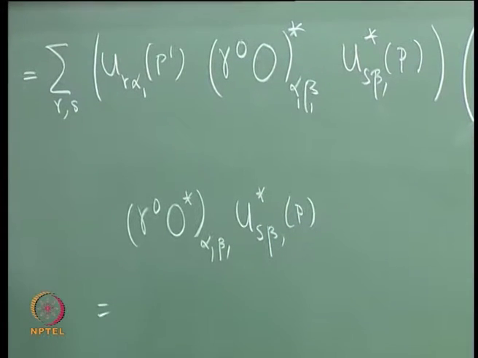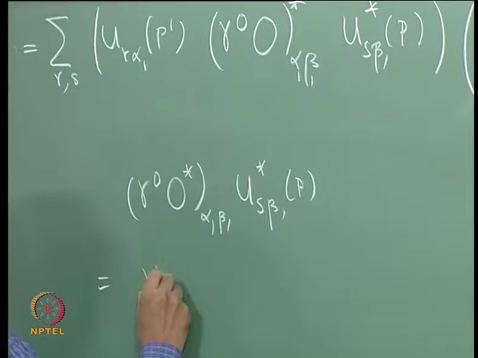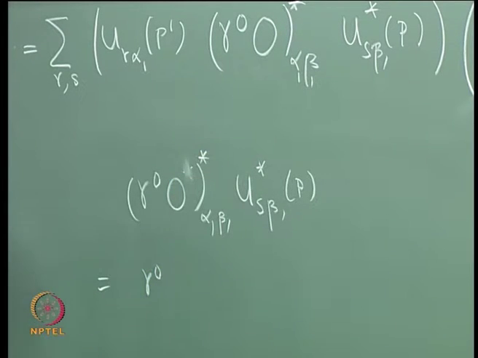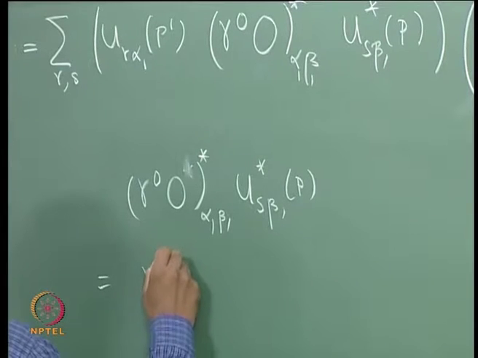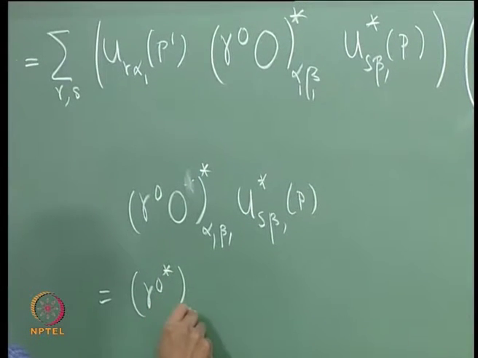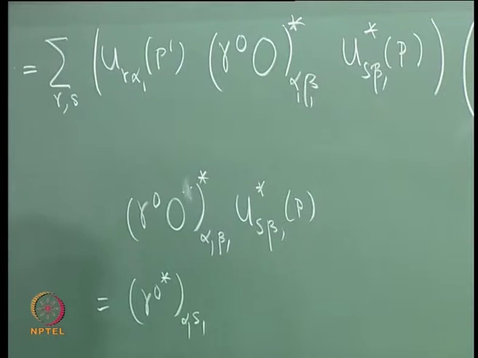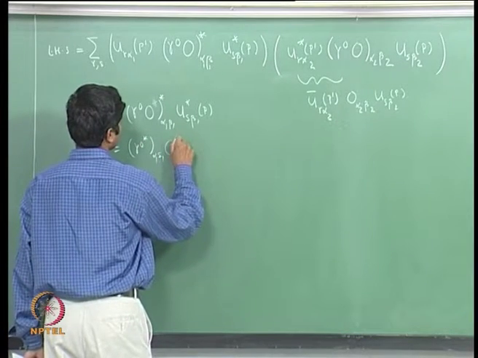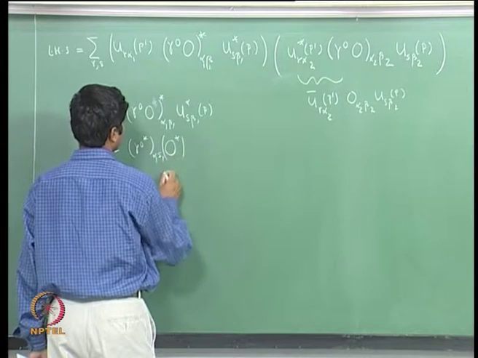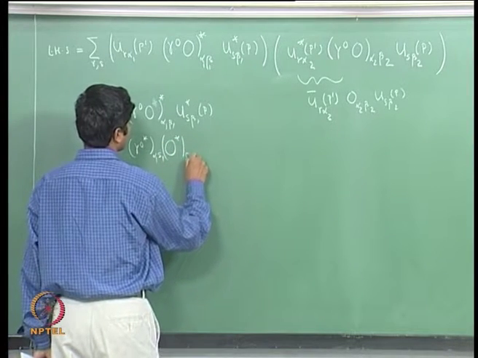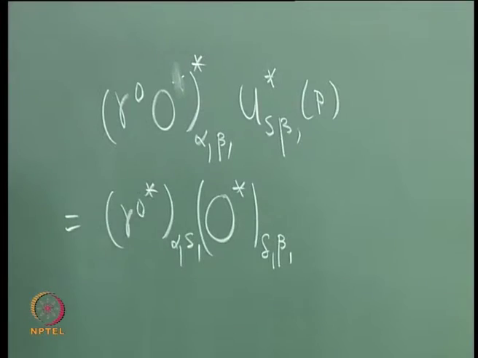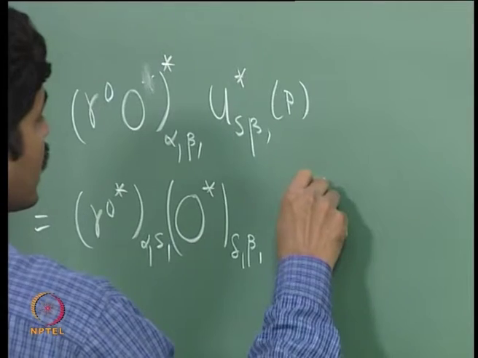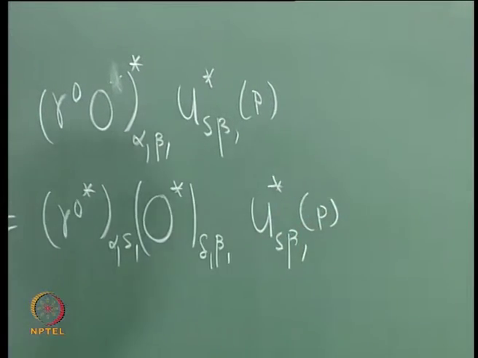I will write it as gamma 0 O star, right, gamma 0 star of alpha 1 delta 1, O star of delta 1 beta 1, and u s beta 1 star of p.